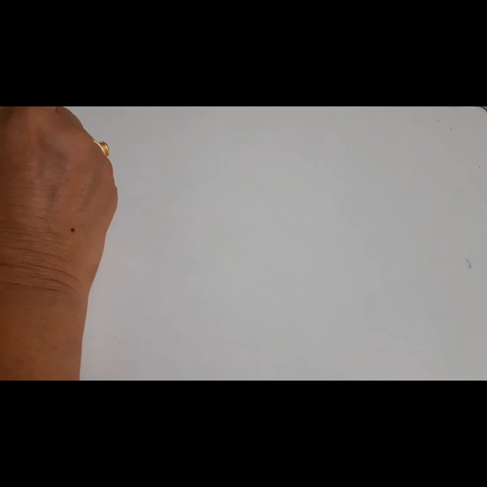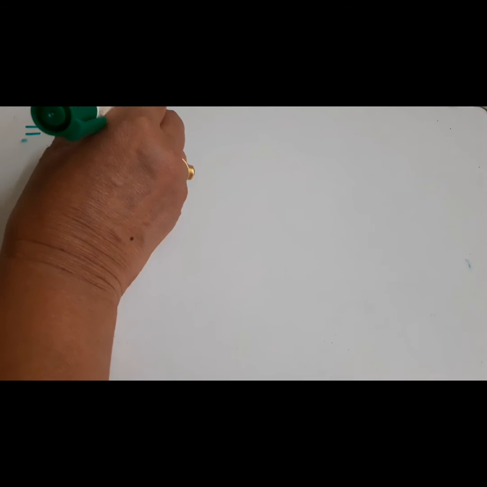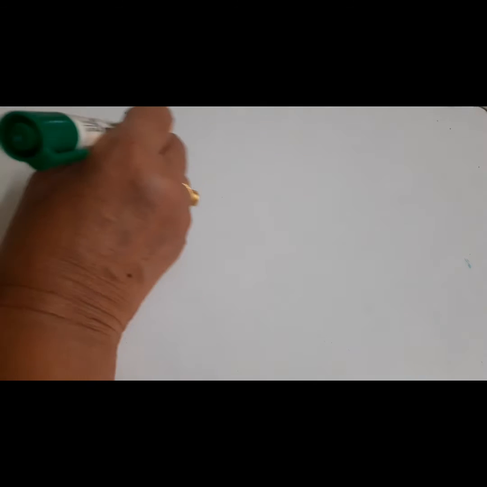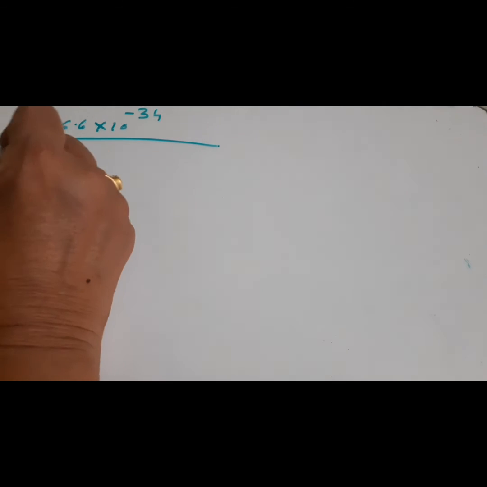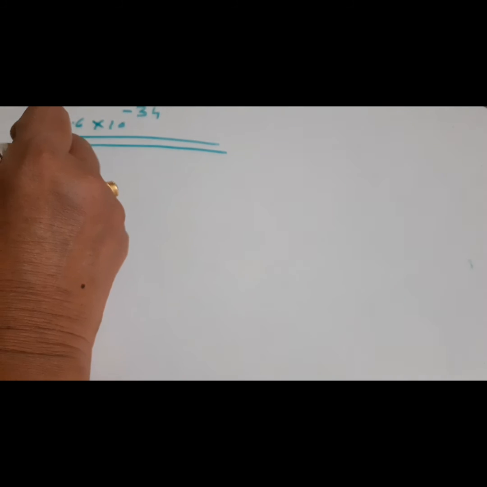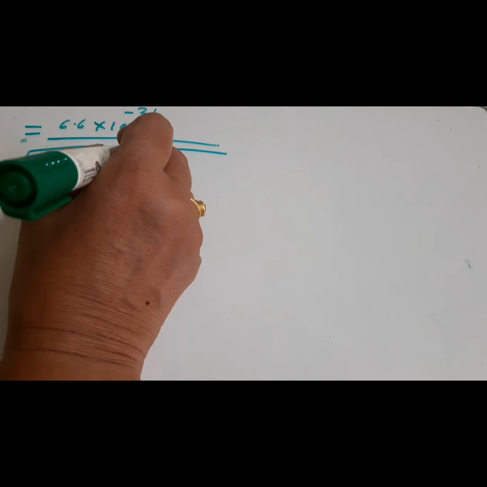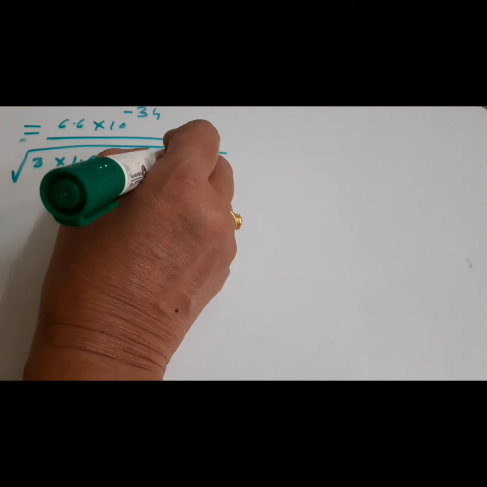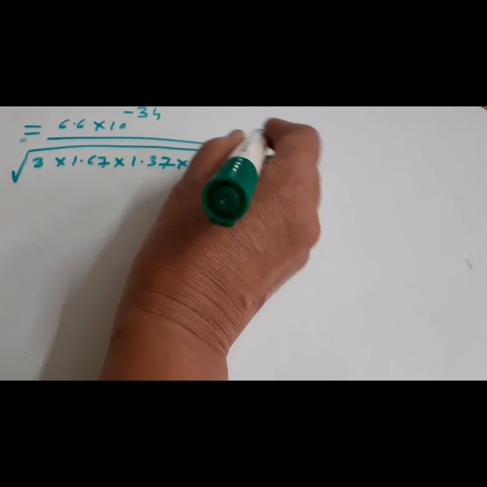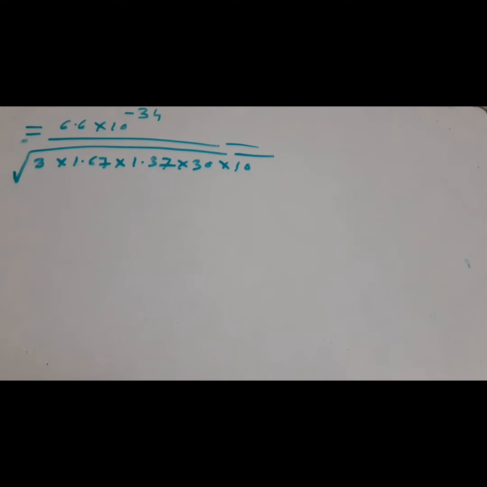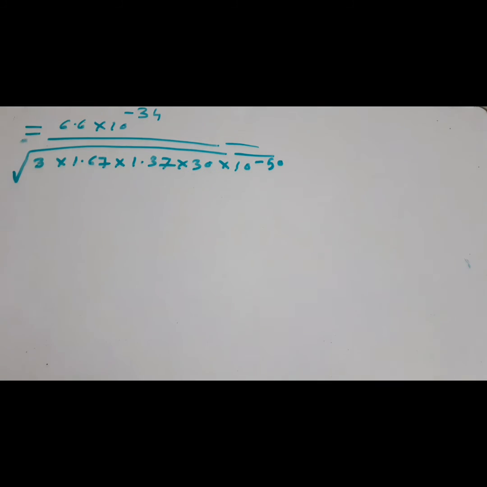Then after solving we write 6.6 into 10 to the power minus 34 divided by under root of 3 into 1.67 into 1.37 into 300 into 10 to the power minus 27 and minus 23, which can be written as minus 50, isn't it?